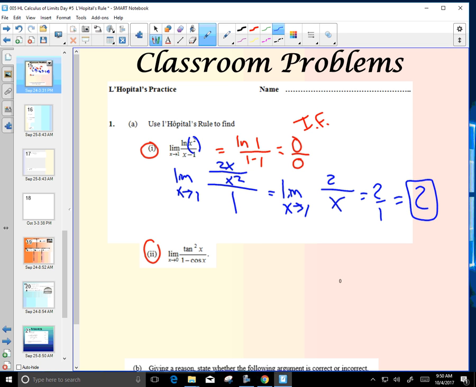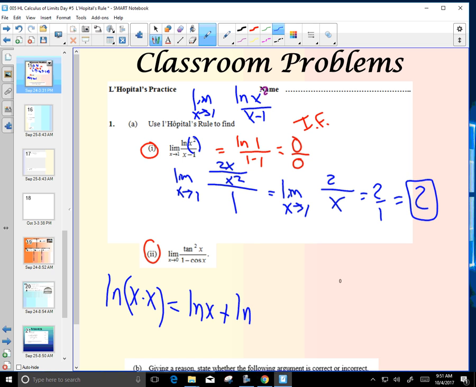You want to see a little trick? You might like this. Instead of doing this whole mess, rewrite this limit as x approaches 1 of the natural log of x to the second over x minus 1. There's a property that you've learned that if you have the natural log of x times x, can I write that as the natural log of x plus the natural log of x?